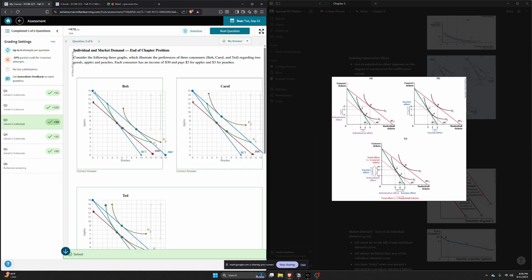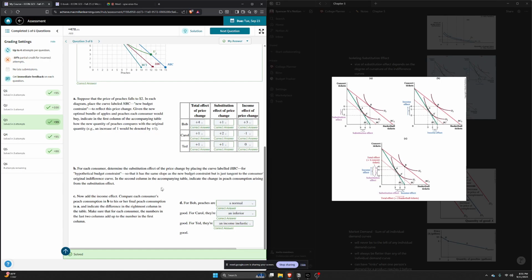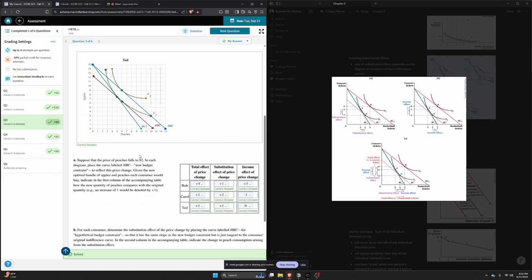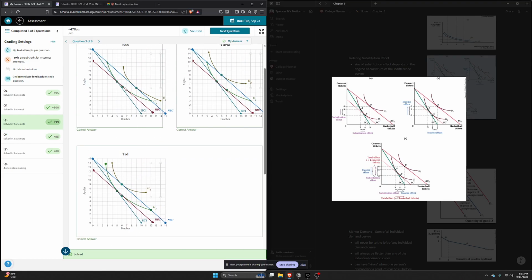This BC1 line is tangent right there, which means it's parallel to the slope at that point. But you can see the only thing that this is touching is U1, because this HBC line doesn't come in until down here.